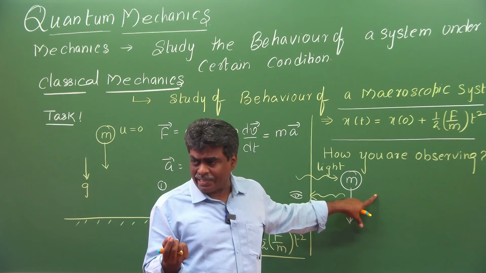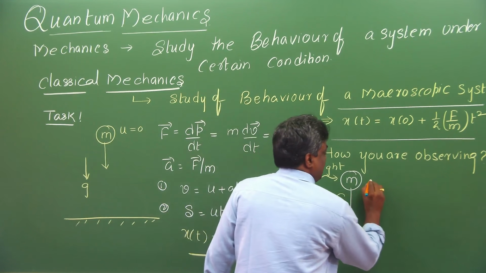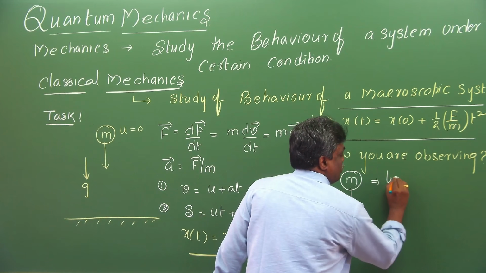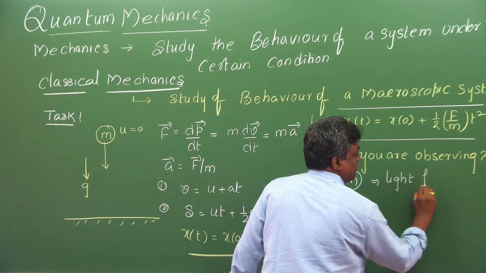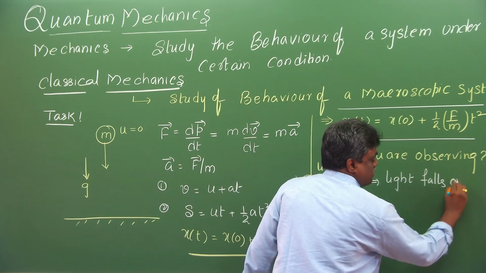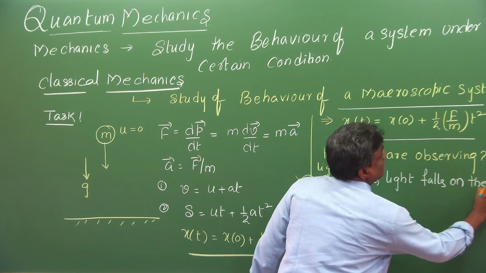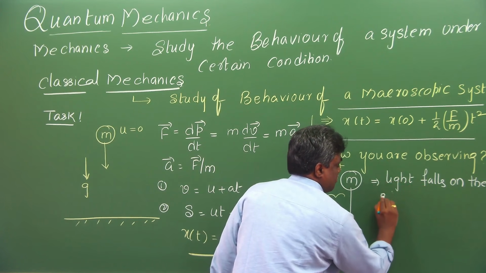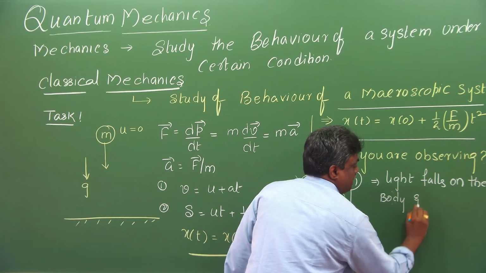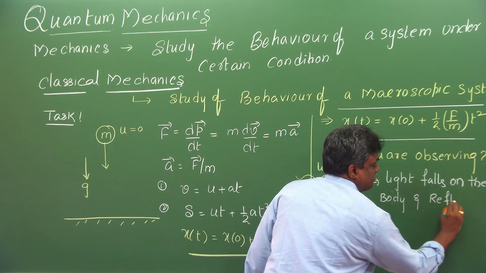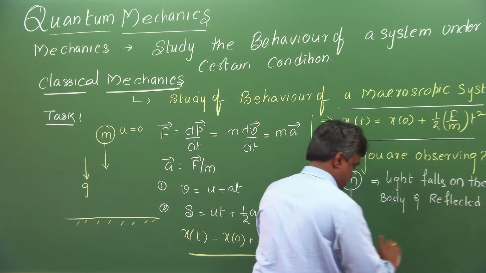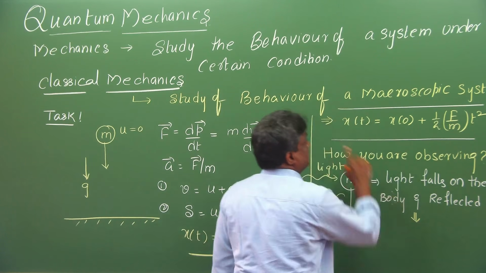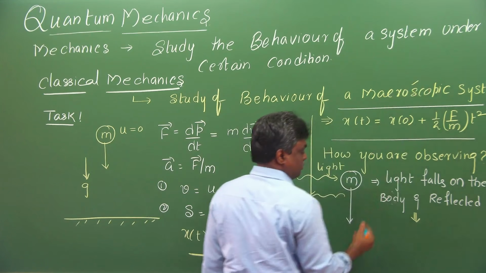Are you understanding? Yes. So that means here the light falls on the object or body and is reflected. But in this macroscopic study, what we have done?